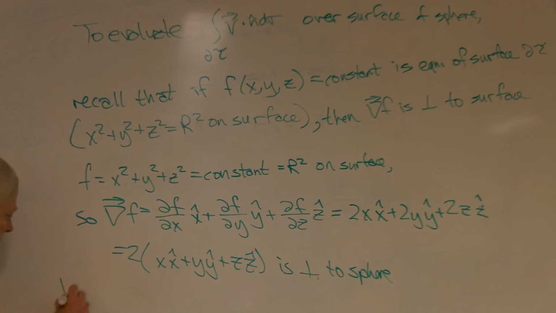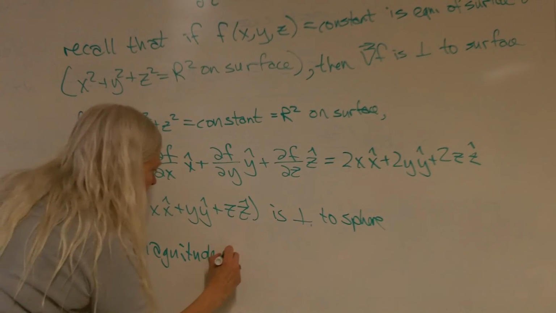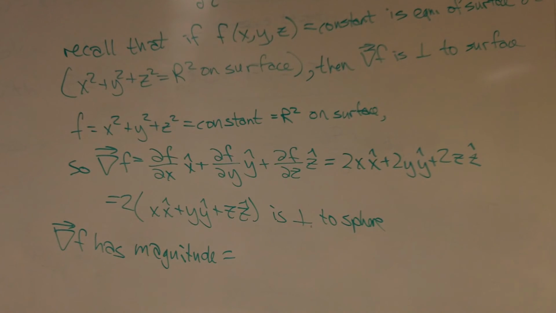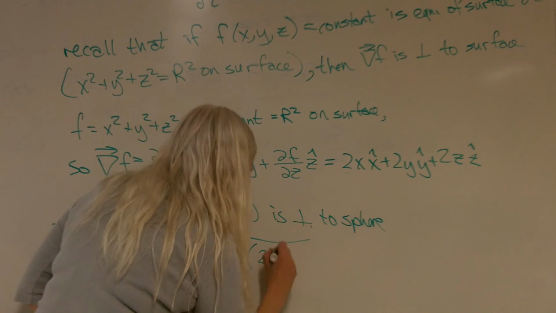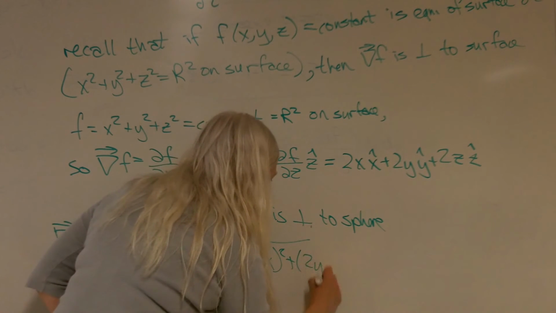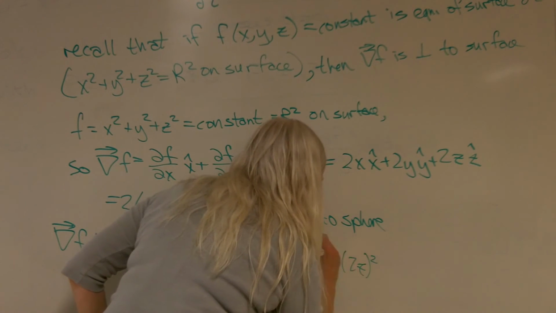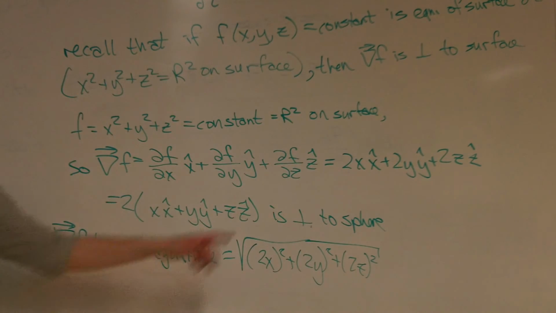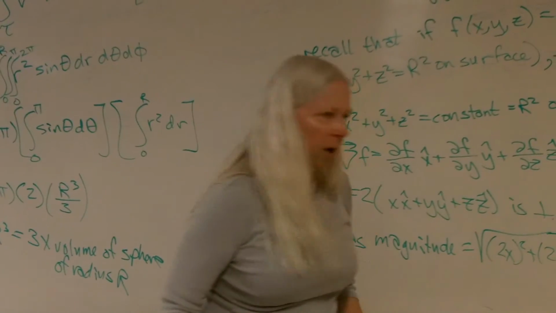Well, notice that this gradient of f has a magnitude equal to the square root of the quantity 2x squared plus the quantity 2y squared plus the quantity 2z squared. In other words, the square root of the sum of the squares of the components. And of course, the 2 squared gives us a 4 in each of those terms.